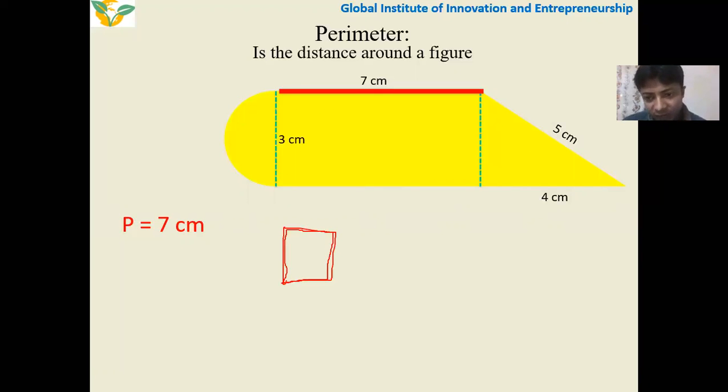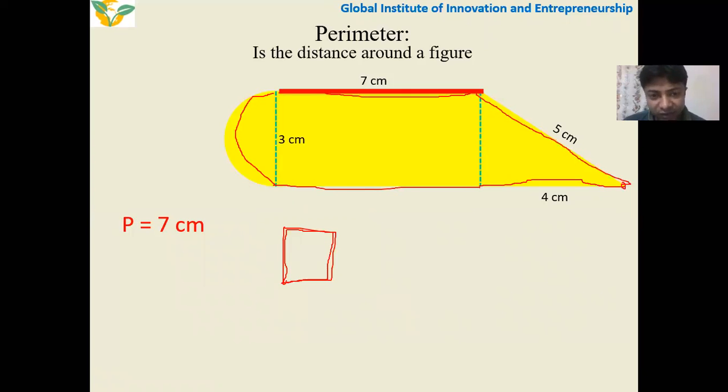In order to calculate the perimeter of any geometrical shape, you will start moving from one point to another along the structure of the shape, from here to here, again from here to here, in a semicircular shape, and here to here, and come to the same point from where you started. By summing all these distances, you will get the perimeter of your structure.